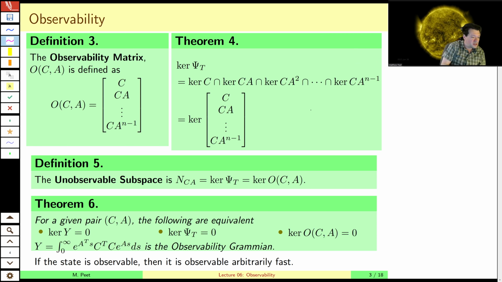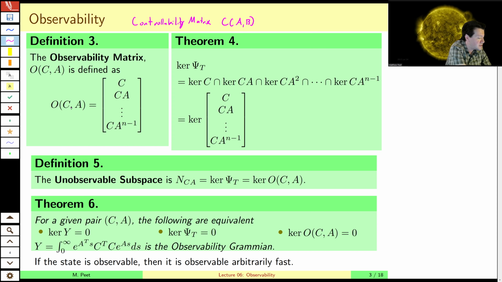So again, there's a lot of similarity to what we covered for controllability. In particular, we can define an observability matrix. Remember what the controllability matrix was. That was C of A, B, and I wrote them in backwards order.